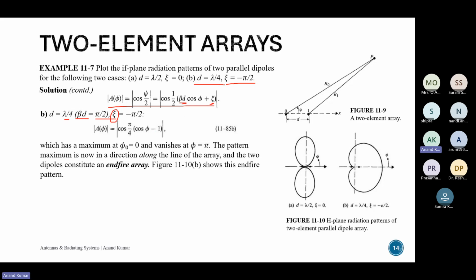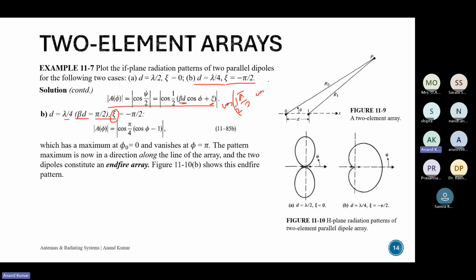So this becomes, yeah, this is cos, we had a half over here. This is pi by 2 over here.